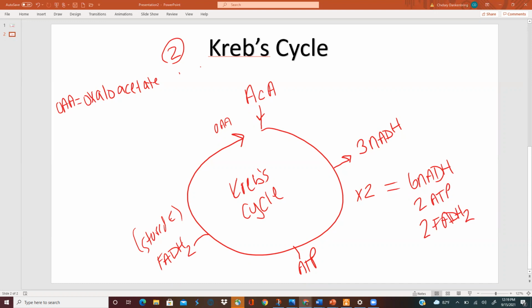And how did we make this ATP? Just like we did in glycolysis, substrate level phosphorylation. That just means that somewhere in this Krebs cycle, there are a lot of reactions. Some of those molecules were already phosphorylated, so we just snatched the phosphate from one of those molecules and stuck it onto ADP in order to make ATP.